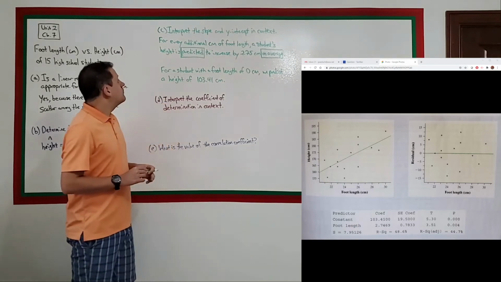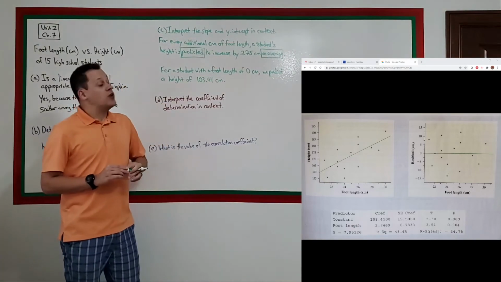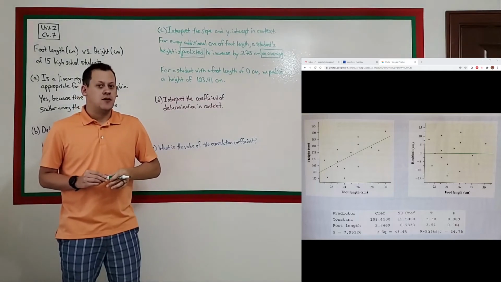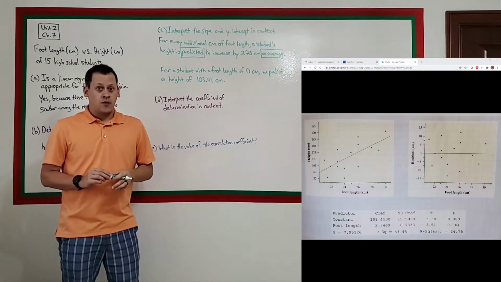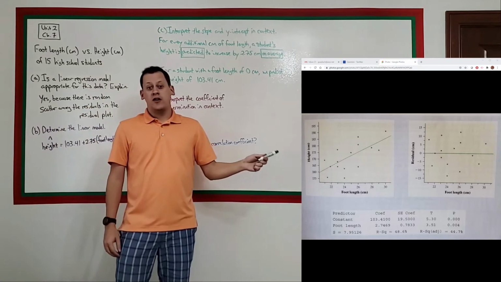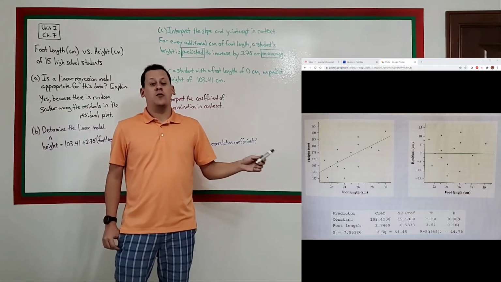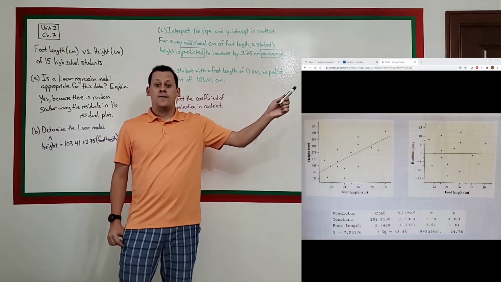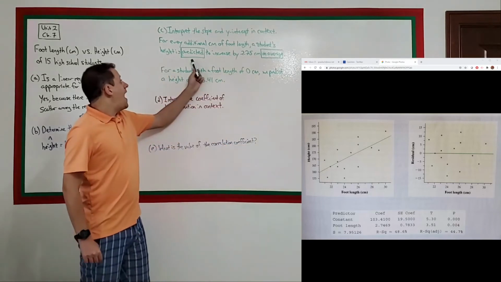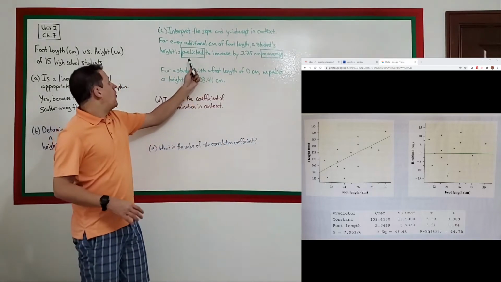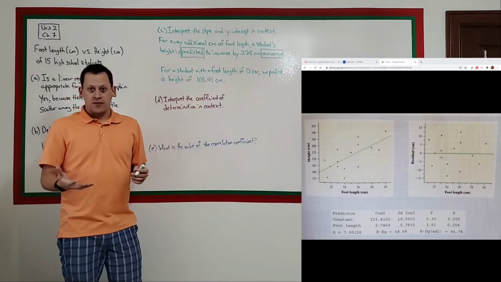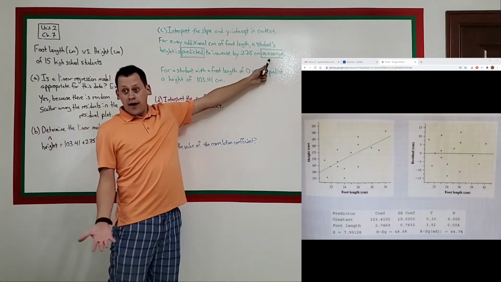If you said for every additional centimeter of foot length, a student's height will increase by 2.75 centimeters, that's not true. That would only be the case if there was no variability in that data and all the points were on the line. Since there is that variability, you have to say something like predicted or estimated or something like that. Or you could put on average.